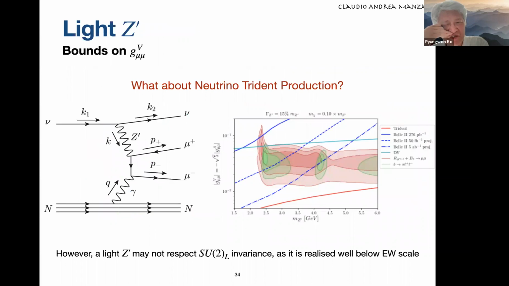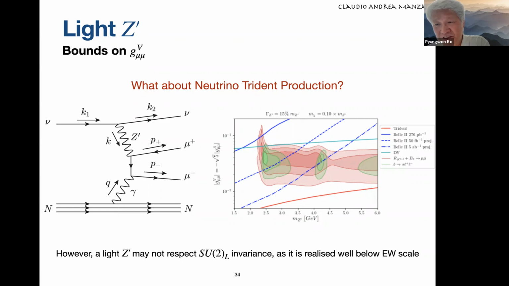So here you show neutrino trident. So I think your statement in the bottom, I'm not sure if I agree with this. Anyway, the easiest way to introduce a vector boson is to assume some kind of local gauge symmetry, right?